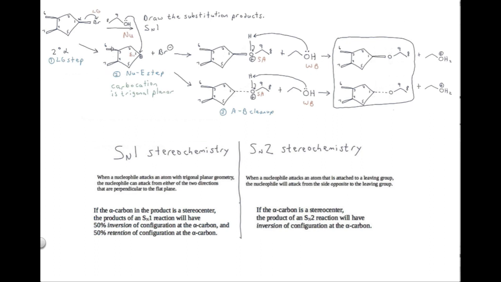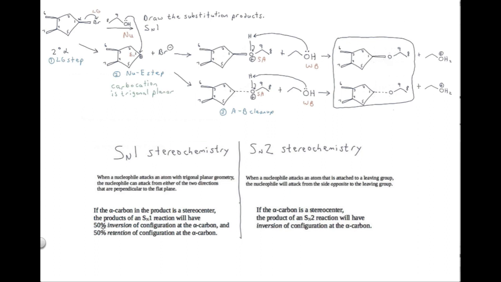The OH can attack from in front of the page, but maybe it'll attack more often from behind the page. So maybe with this example, we might not get a 50-50 split. Maybe we might get more of the OH attacking from the less hindered side of the molecule behind the page, and less of the OH attacking from the more hindered side in front of the page.